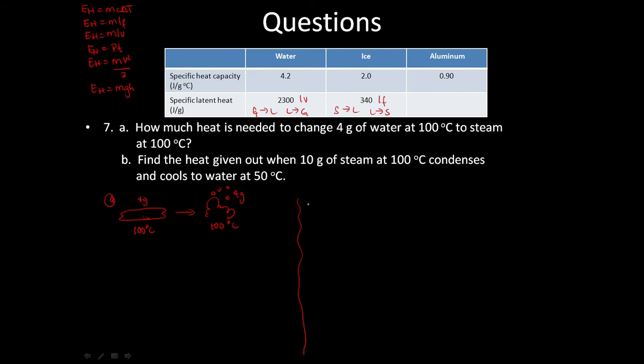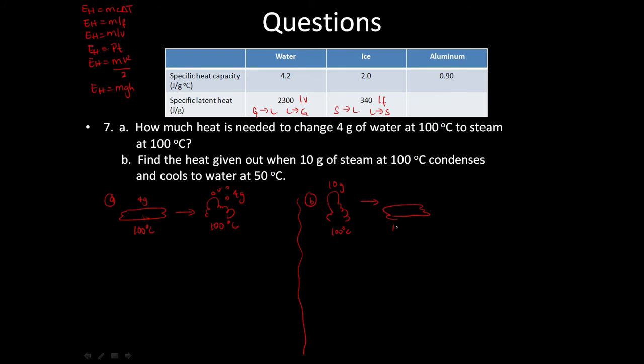And in B, we have 10 grams of steam at 100 degrees Celsius, moving towards a liquid state. So we're going backwards. And remember, if you're going from gas to liquid, there must be a change in phase.